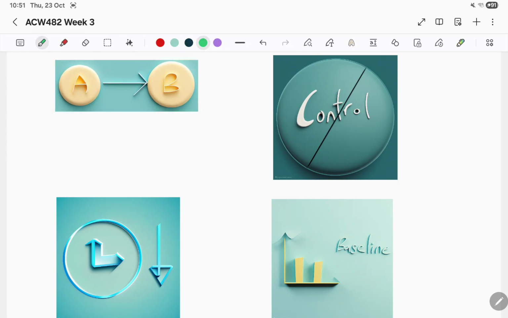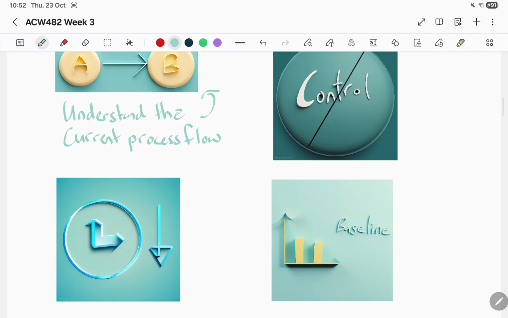First and foremost, so that we can understand the current process flow. We try to understand what we are doing right now, or what the system or the process has been doing all the while.